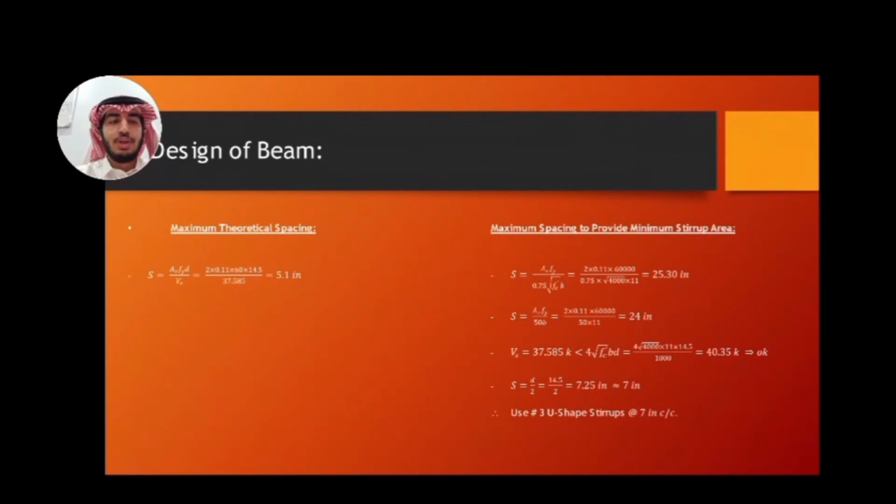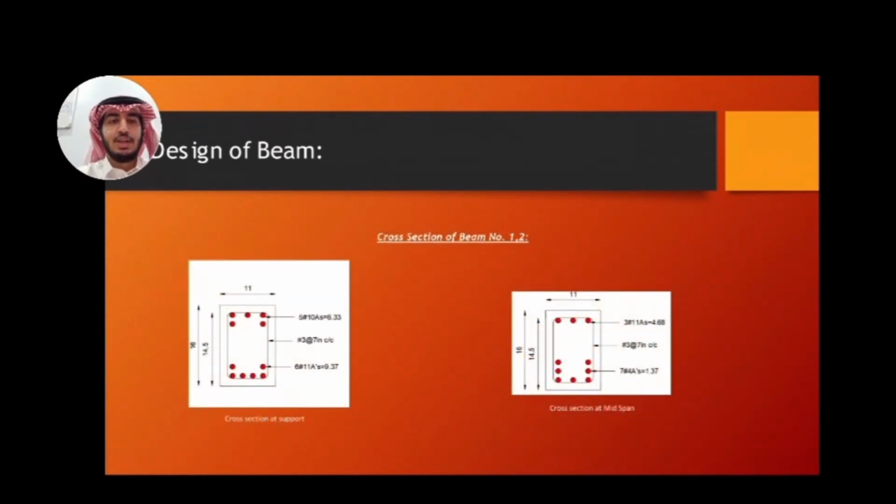Here the smaller one is 7 inches, which is equal to spacing at 7 inches center to center. Of course we use stirrups number 3 bar. And this is the cross section of beam number 1 and 2.